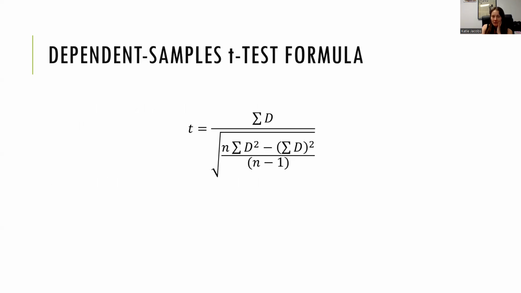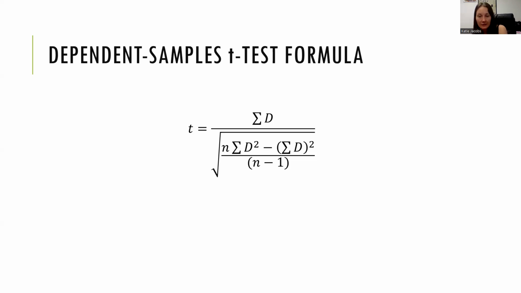All right, so our dependent samples t-test formula is a little bit different than what we've seen before. It looks not as scary, but you have to go and find those difference scores and then you plug them into this formula. Something that's really important to keep in mind, however, is that when we're looking at those parentheses and the summation symbol, we're making sure to do that correctly.